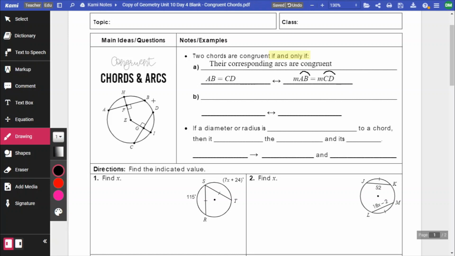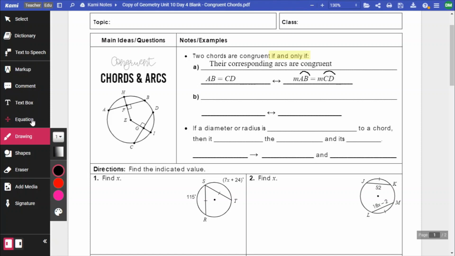So if these two line segments, AB and CD, are congruent, if they have equal distances, then these two arcs are congruent. So arc AB and arc CD here, meaning that they have the same degree measure. They also have the same arc length because they're in the same circle.